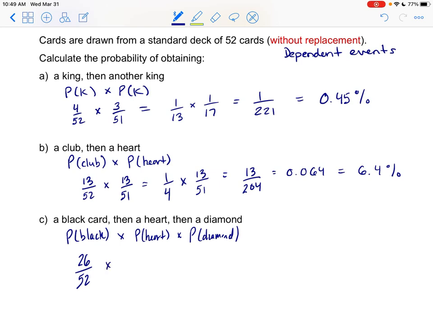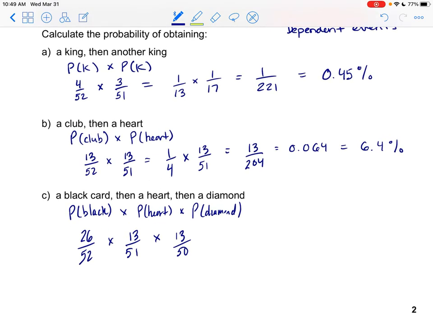We just said there were 13 of each suit, but then each time we draw a card, the number of cards left goes down. And we can simplify this a little bit because 26 over 52 is a half, but then like before, these fractions with 13s in them are often hard to reduce. So we get 169 all over 5100, which equals 3.3%.